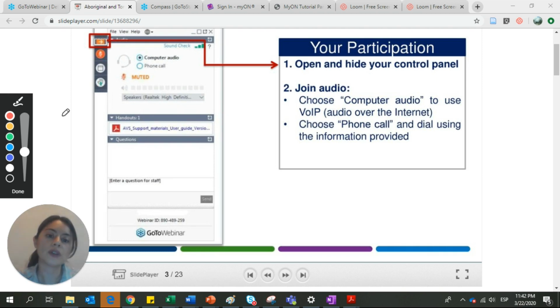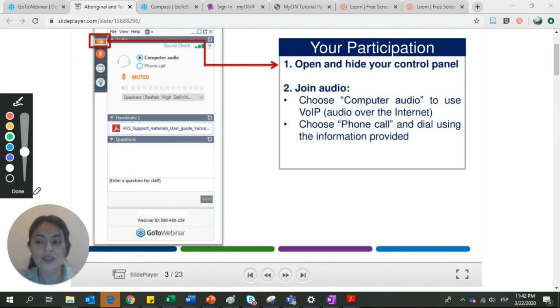In order to avoid microphone feedback, I am going to mute everyone. But if you want to say something or if you want to share something, click on this little hand here. So I know that you want to interact with us. I will unmute you and you will be able to speak.